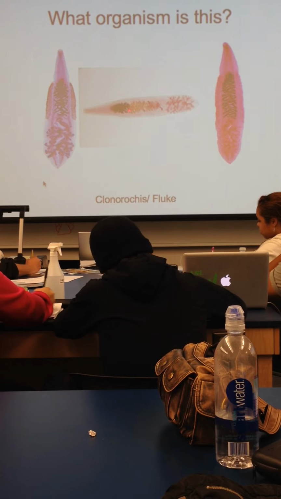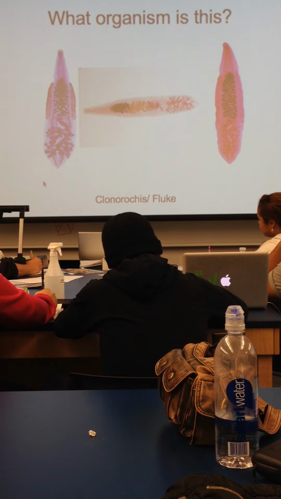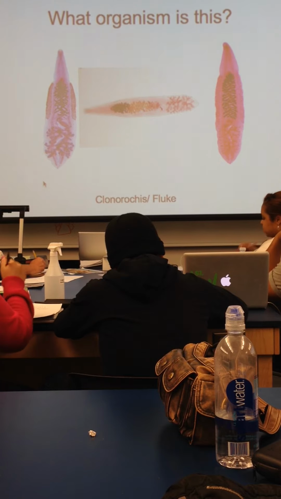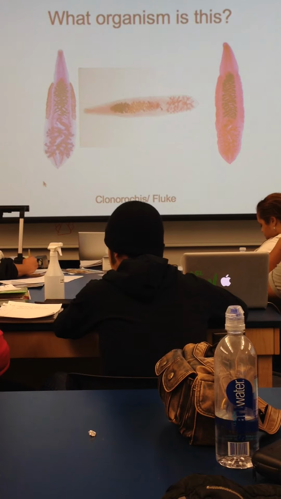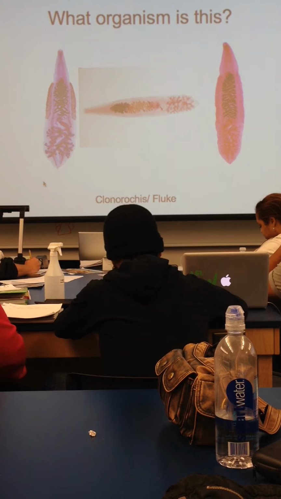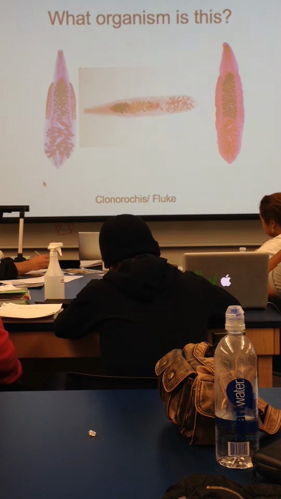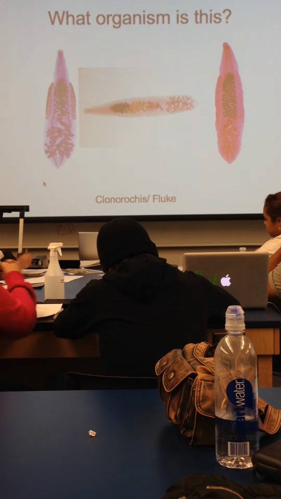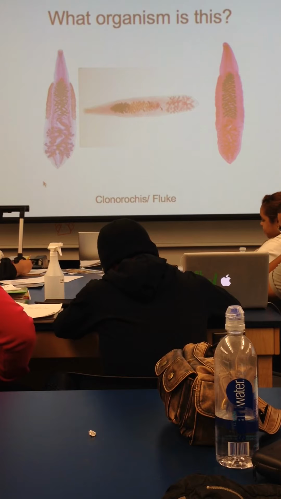The uterus with the eggs. All this is testes down here. All right? That's not something you need to know. That was just to help you possibly identify it, all right? So this was one of the flatworms that we looked at. The common name for this guy is the fluke. All right, so this is the one we talked about that you find in your sushi.